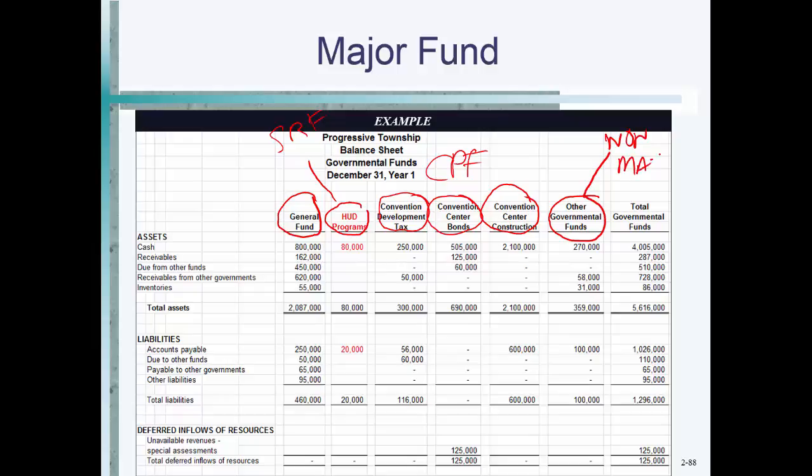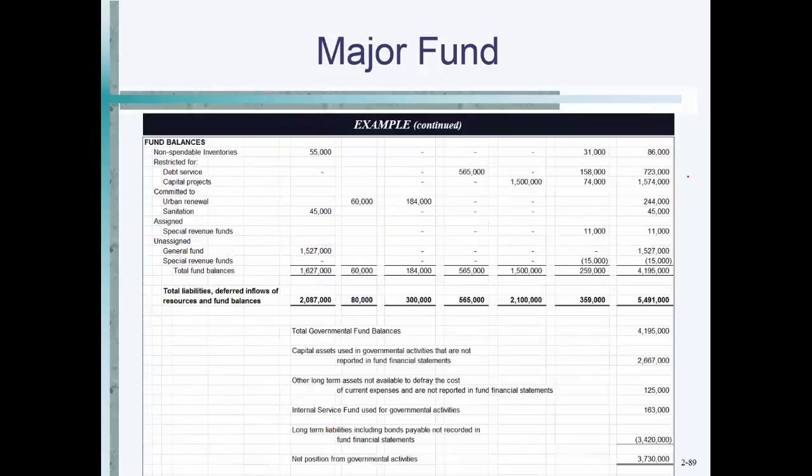They didn't label them as such, but that's what they are. Those are the non-major funds. They roll them all up and they report them in one column, right, John? Now you come down and you take a look, and the total of all those non-major funds is $359,000, isn't it? $359,000.